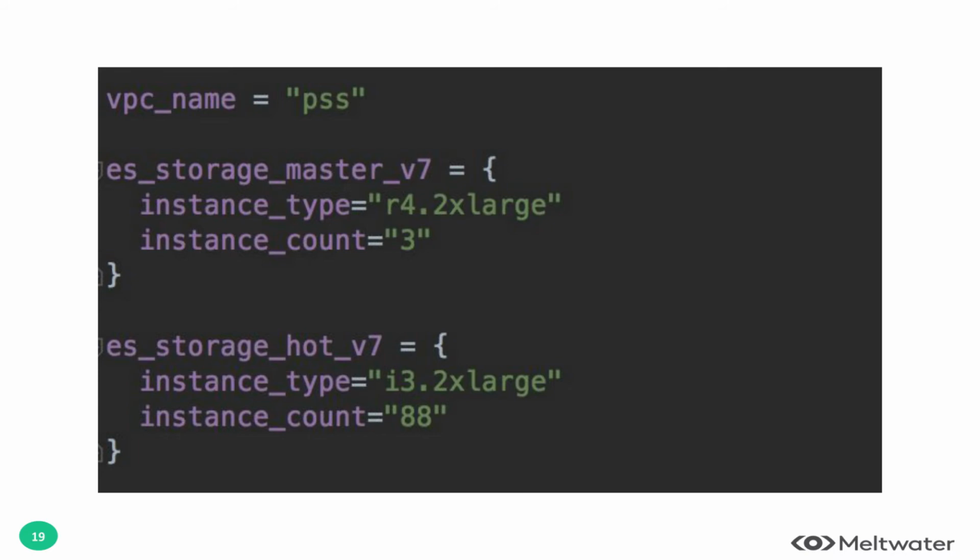So currently we can't get more than like 20 of these types in availability zone C. So we only run in A and B so far. And we run 88 of those. Actually, we run 92 since like Monday or something. But this is from the weekend, so out of date already.